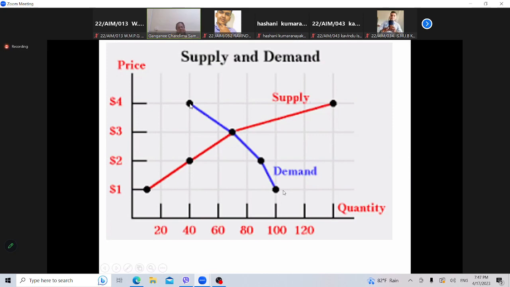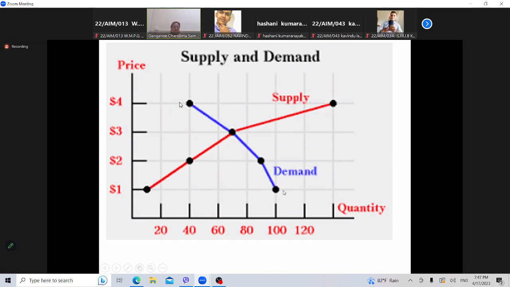But see the demand. If you go to the shop, if it says the shirt price is 1,000 rupees, you may not buy. If it says 500, you will consider buying. If it says 200, obviously you will buy. Likewise, if the price is more, consumers' demand is low. See, at high prices, demand is only 40. Let's say quantity in kilograms, price in dollars, some product.